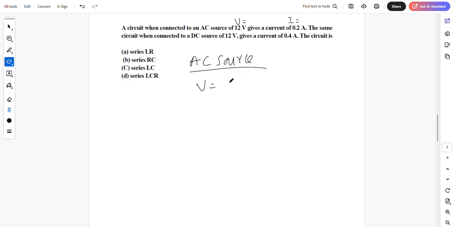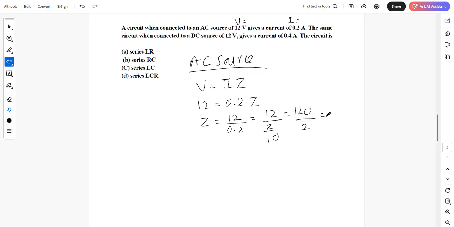V is equal to I into Z. So 12 is equal to 0.2 into Z. Therefore, Z is equal to 12 by 0.2, which is 120 by 2, that is 60 ohm.